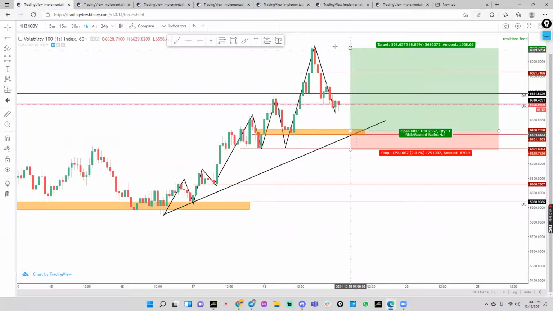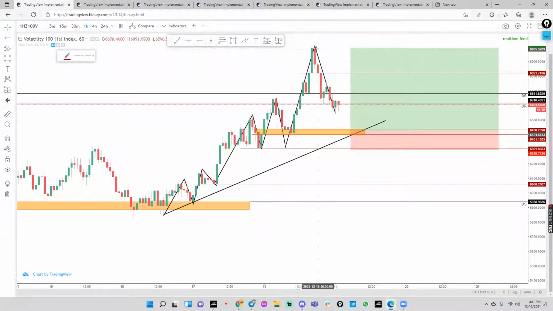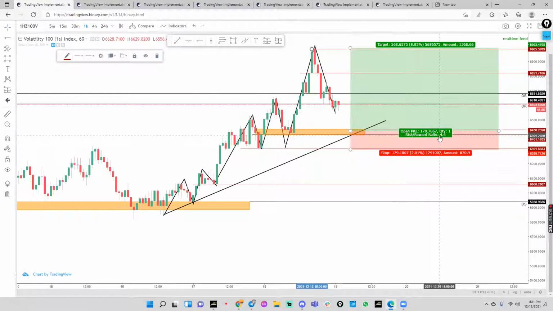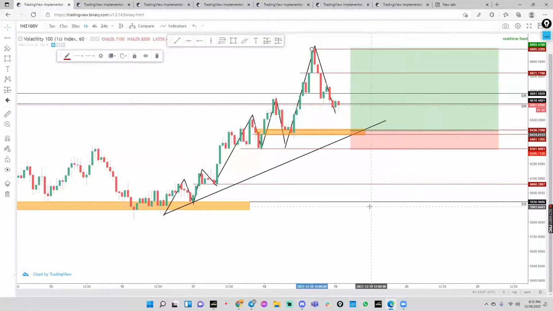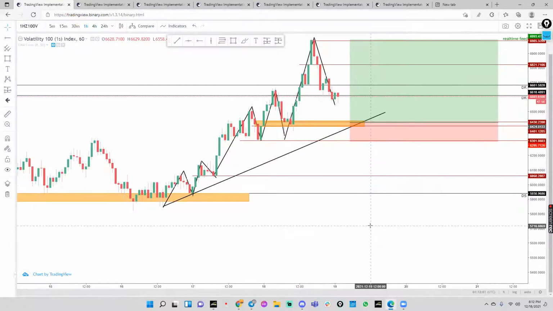So you would be risking 12 pips to make about 50 pips. So your risk to reward ratio basically would be 1 to 4.4. All right, so you're risking 1 to make 4.4, or 1 to make 4, a 4-to-1 risk to reward ratio.